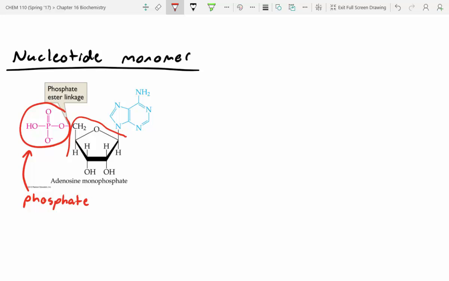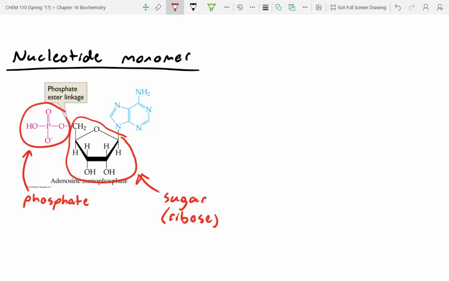And then over here, what biomolecule does that look like? Is it a fat? Is it an amino acid? Is it a carbohydrate? Looks a lot like our sugars that we talked about earlier, right? So this is our sugar. And in this case, this sugar is called ribose.